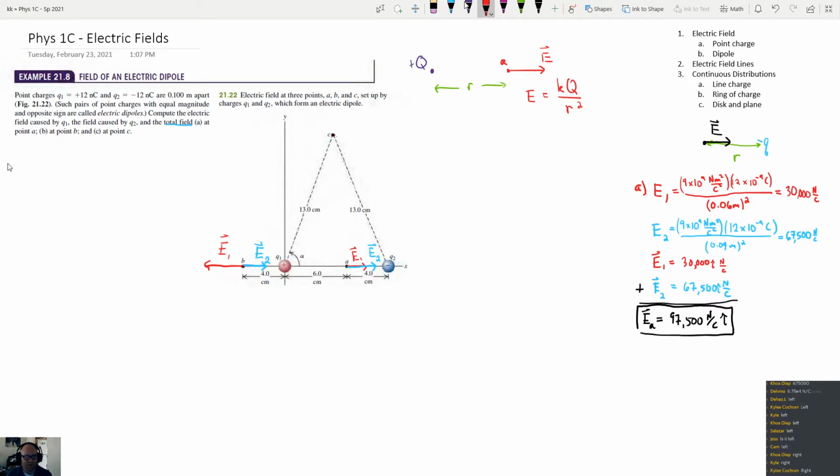So E1. Now, if you've already calculated it, you can put the answers in the chat if you want to. I'm not going to keep writing K. Hopefully by now you know what K is. It's written right there. So we do K multiplied by the charge, which is 12 nanocoulombs, and we divide by the distance, which is 0.04.